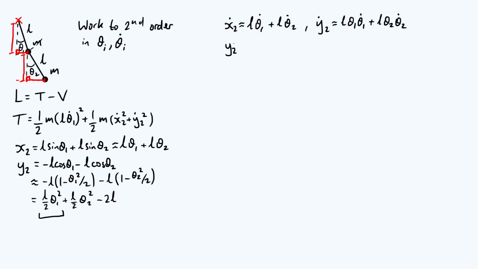So basically, we're saying that y2 dot squared is much smaller than x2 dot squared, and so we're just going to ignore the y2 dot squared term.